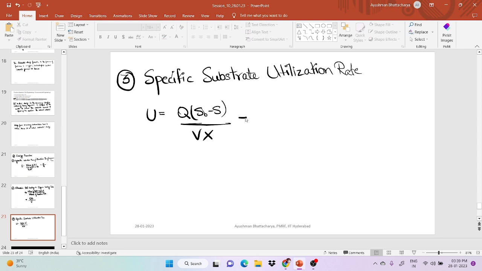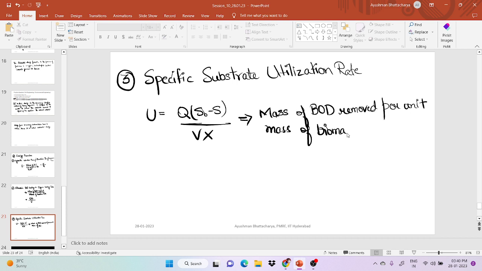This is called the mass of BOD removed per unit mass of biomass in the aeration tank.